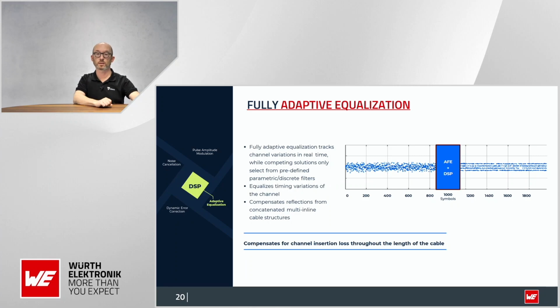We can see in the graph that in front of the equalizer we have scattered data points with different voltage levels, and the equalizer adapts to make out of that 4 distinct voltage levels, which in this example is a PAM4 modulation.